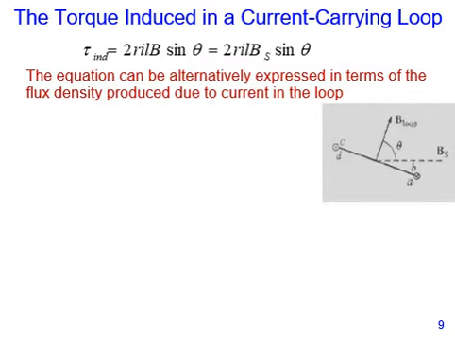The torque induced in a current carrying loop can further be discussed in terms of induced torque, where 2RILB sine theta can be written as 2RILBs sine theta.